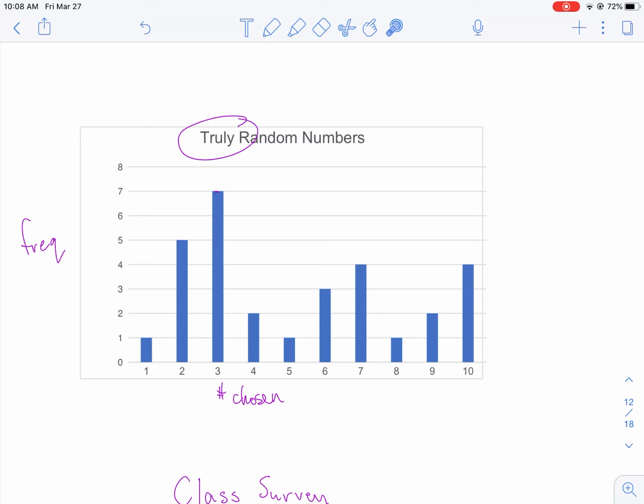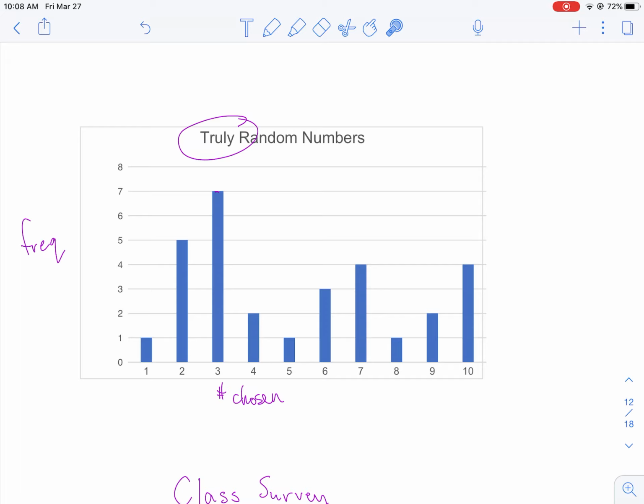That's quite a few. 2, 7, and 10 were pretty high, and then you have numbers like 1, 5, and 8 that were pretty low. Now, notice though, none of them were chosen 0 times.